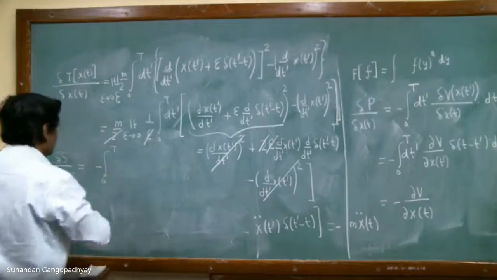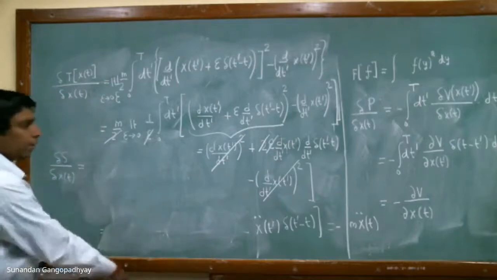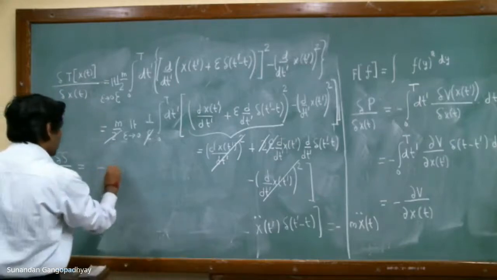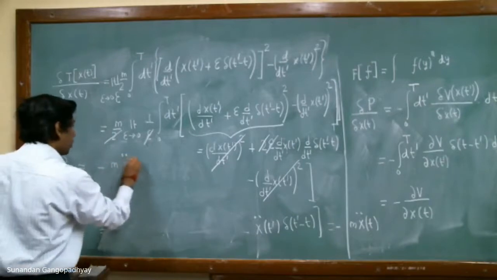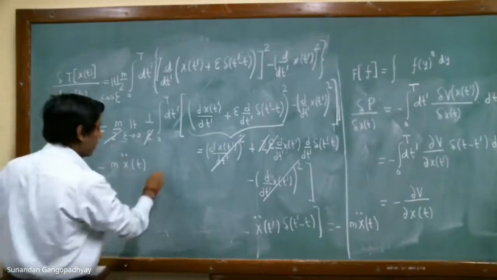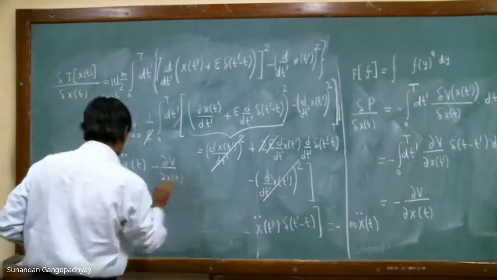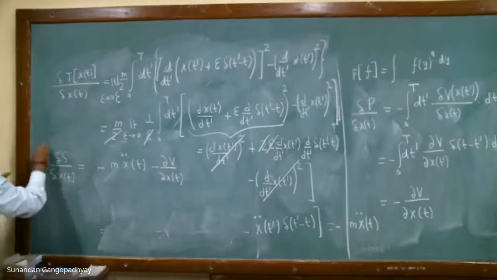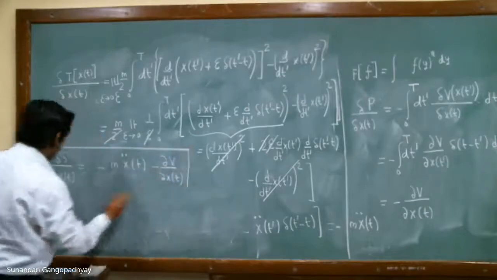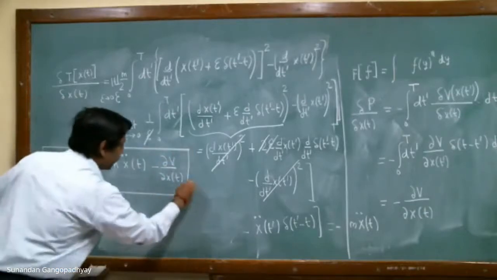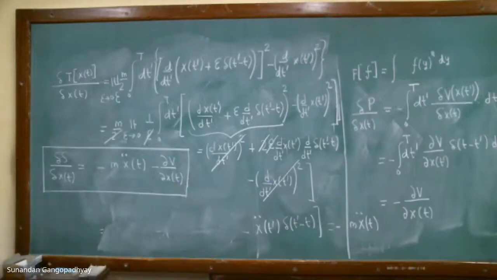So all these things have been computed. So we have minus m x double dot t minus dV by dx. So this is the result for the functional derivative of the action with respect to the coordinate x of t. So this is your result.